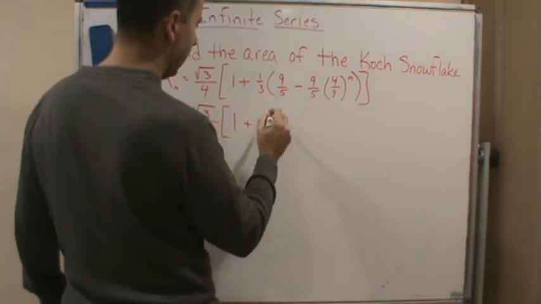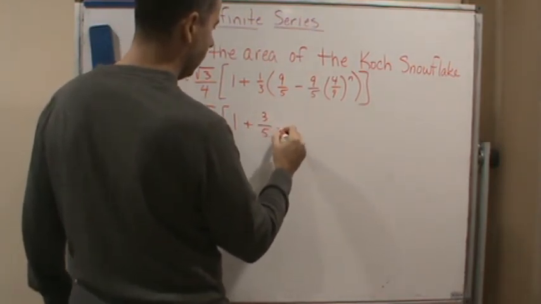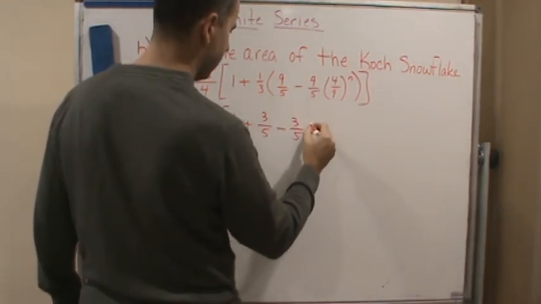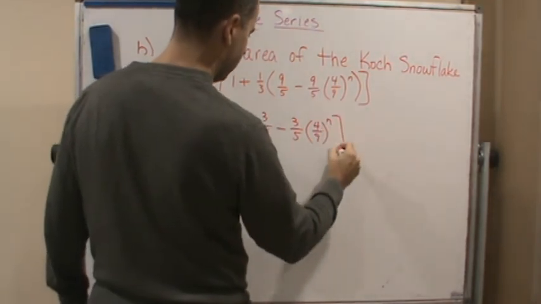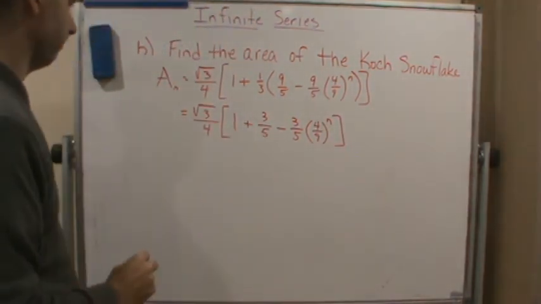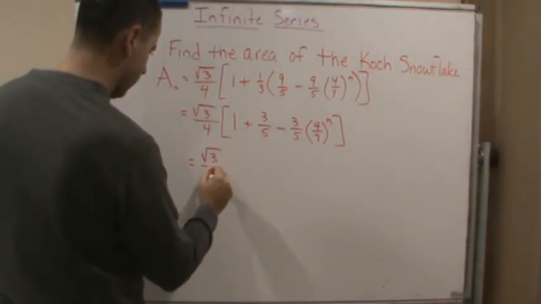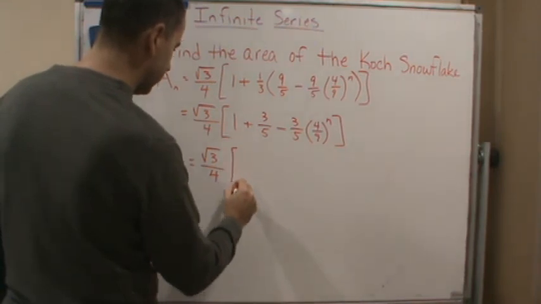So this will become 3/5 minus 3/5 times 4/9 to the nth power. And now this becomes the square root of 3 over 4. And it's going to be what?